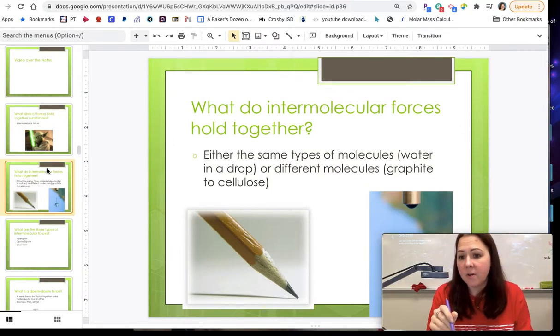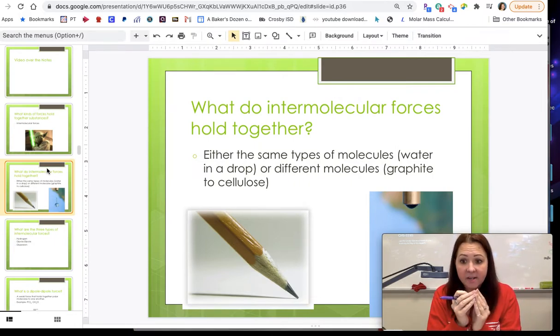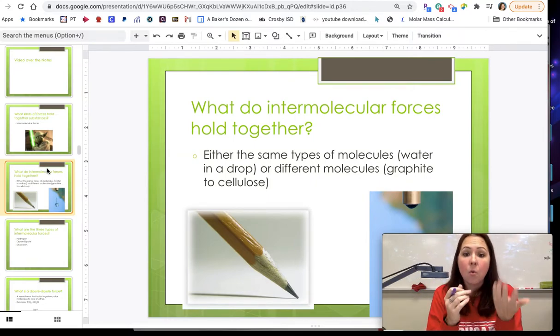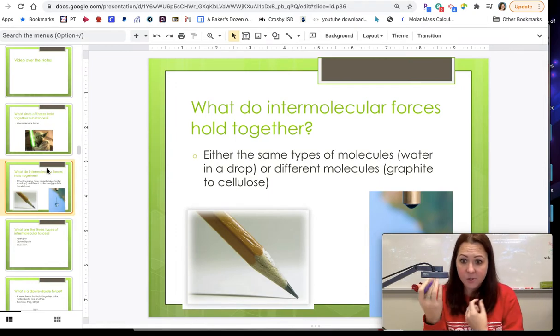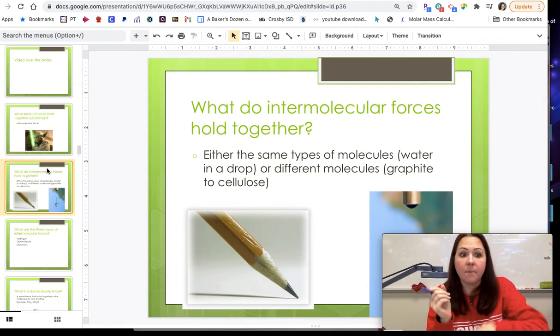So when we're looking at our intermolecular forces, they can be the same molecule sticking together, like water sticks to water or graphite sticks to graphite, or they can be different, where you have the graphite sticking to the cellulose that is actually in the paper itself.